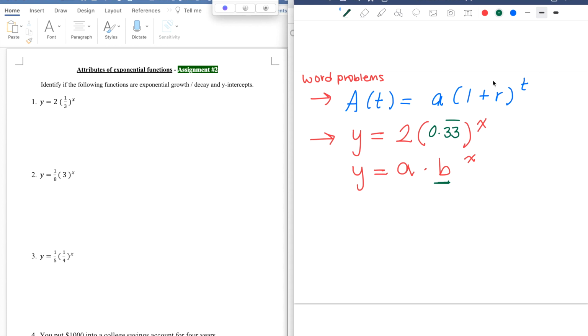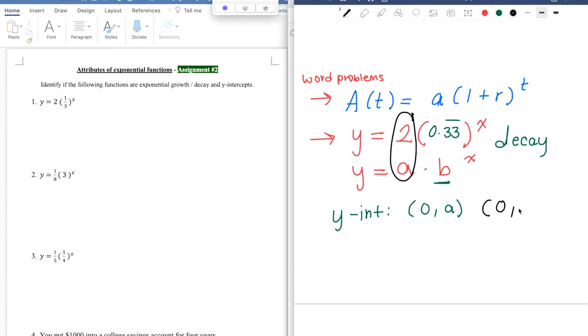Again, just refer back to your notes. When it's between 0 and 1, that is going to be decay. And now all we have to do is find the y-intercept. Y-intercept is 0, a. Where is a in this example? Or what value is a? 2. So our y-intercept for this is 0, 2.